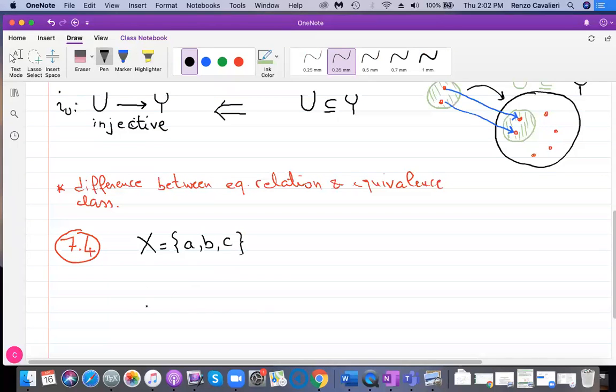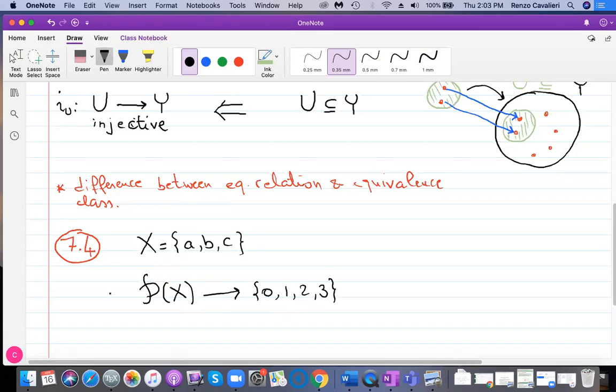Then 7.4 told you that you can give a function from the power set of X to the set {0, 1, 2, 3}.